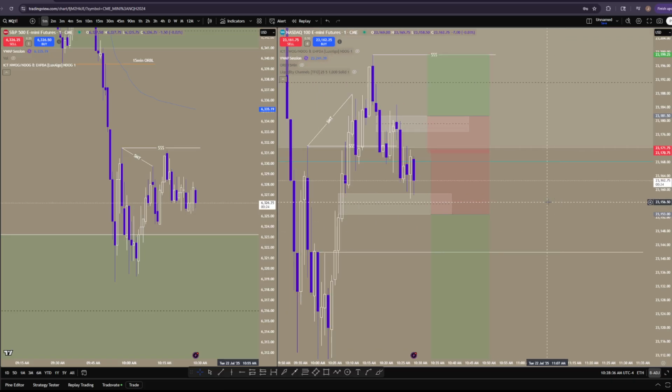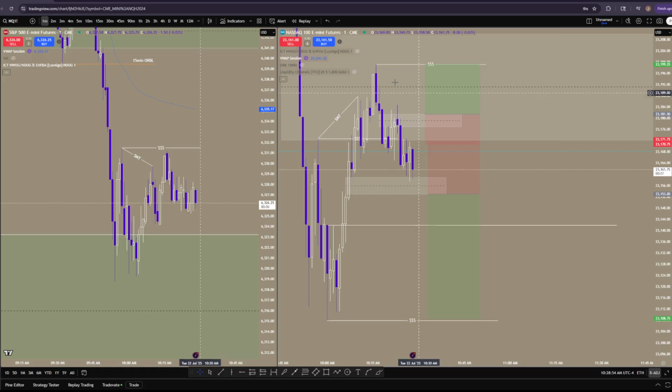So don't jump into an entry because you're bored, right? Just because you feel like you want to take a trade. Just wait for confirmation. This PA right here is just gonna destroy you.